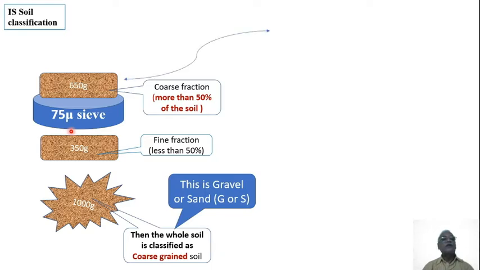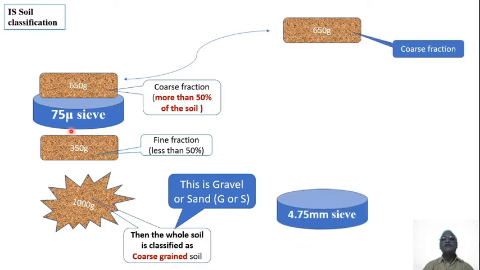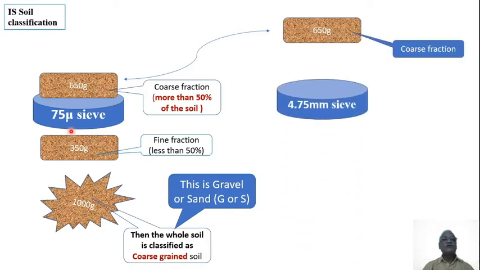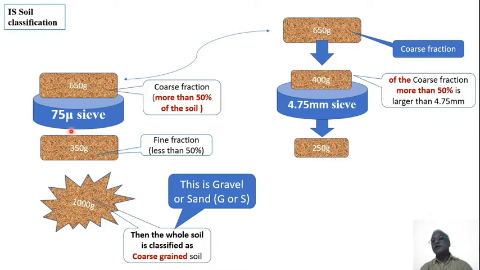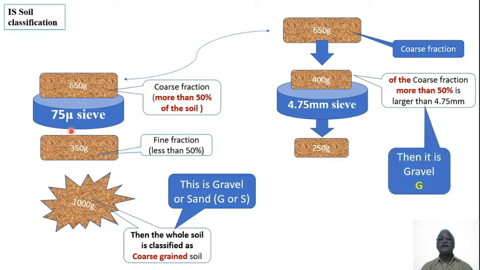Now that upper coarse fraction is taken and sieved through the 4.75 mm sieve, and let us say that something like 400 grams is retained above and 250 grams goes through. In such a case, the coarse fraction is more than 50% larger than 4.75 mm, so we call it a gravel.